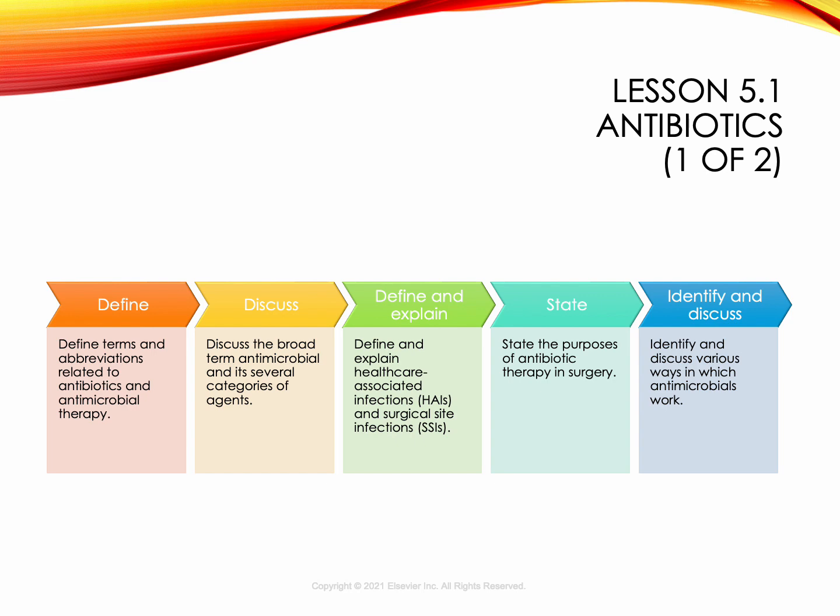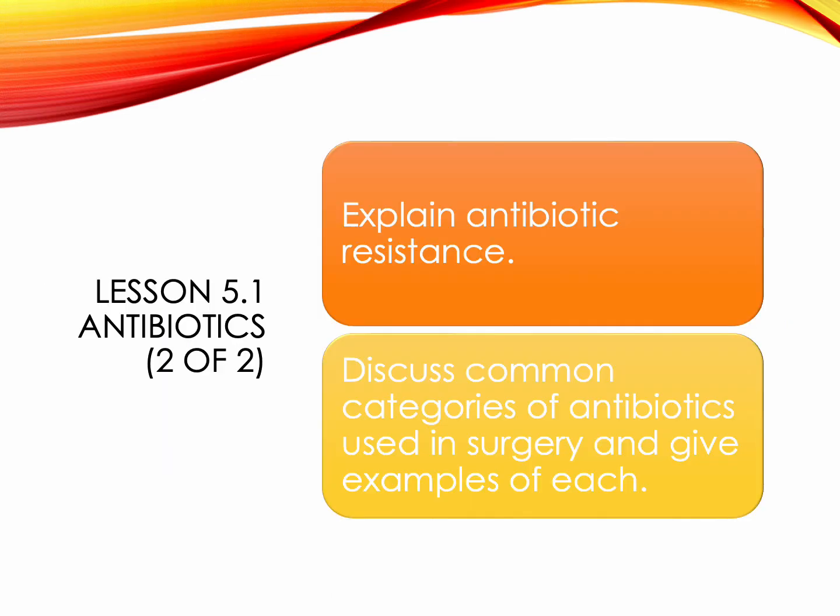Also, you should be able to define, explain, and distinguish between hospital-associated infections and surgical site infections. In addition to that, you should be able to state the purpose of antibiotic therapy in surgery. After this lecture, you should also be able to identify and discuss the various ways in which antimicrobials work.